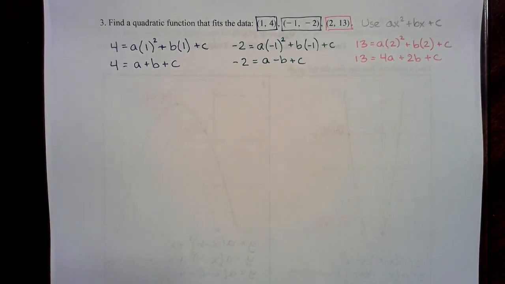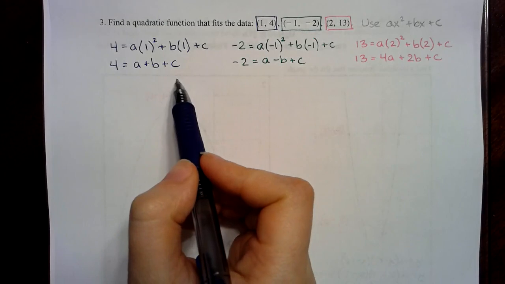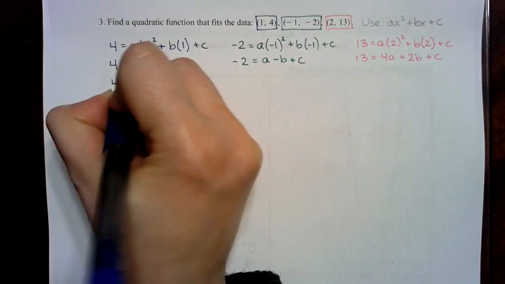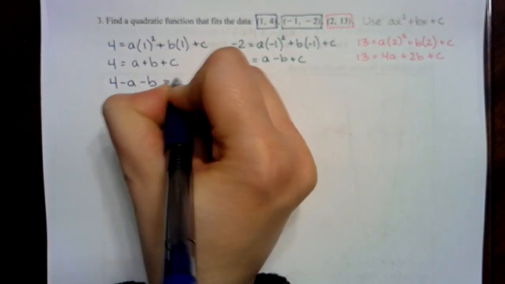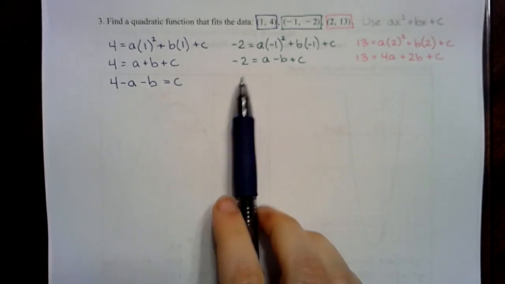So now I have a system of 3 equations with 3 unknowns, and if I solve this system, then I will find a, b, and c, and then I can plug them back into the formula to get a nice quadratic with x and y in it. So I'm going to start here with the first equation and solve for one variable so I can substitute into my other equations. So 4 minus a minus b will be equal to c. So I'm going to plug that in to each other equation.